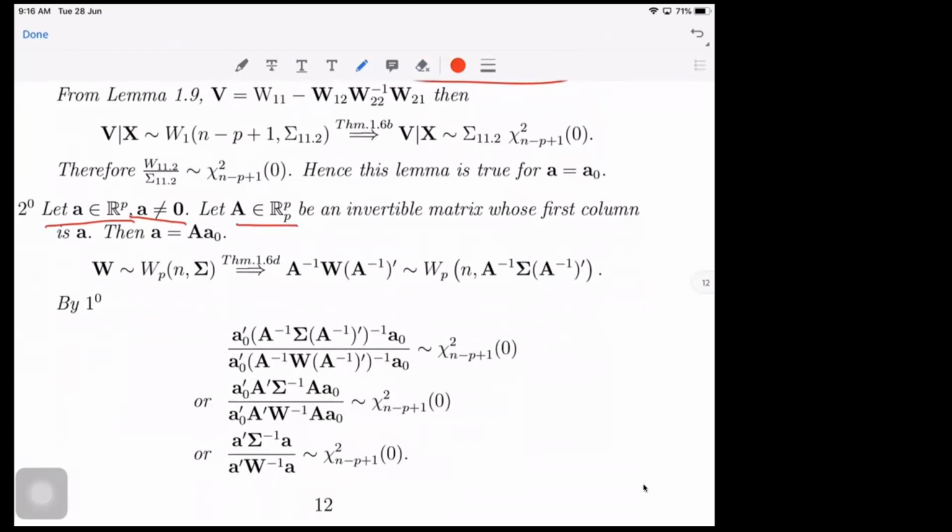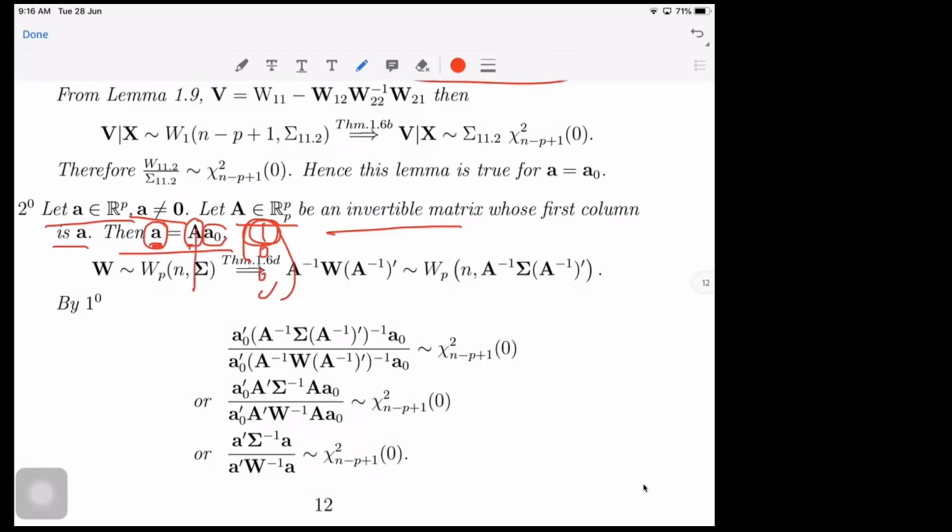And then you have an A, which is an invertible matrix. So first column is A. Then A is equal to A times A sub O. So ang first column is A. Man kini siya is just an entry of 1, 0, 0, 0. So ang mugawas ani, si A ra na siya, no?